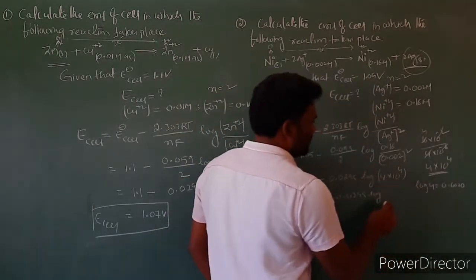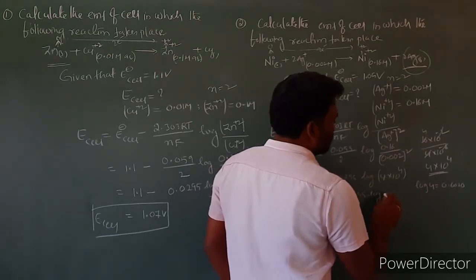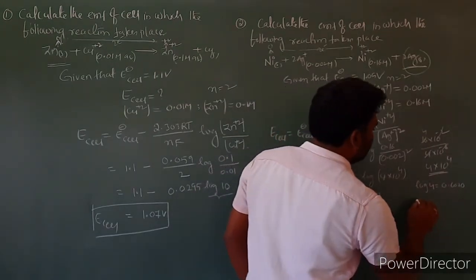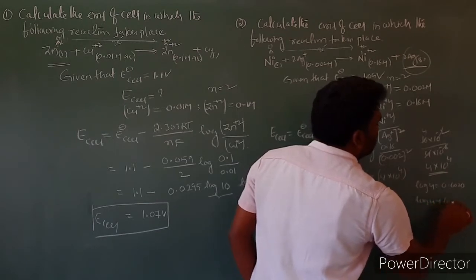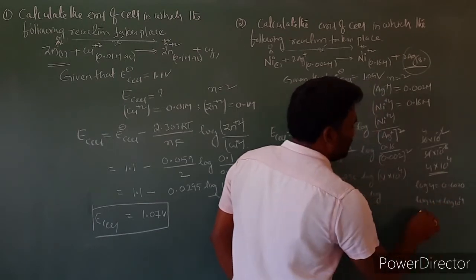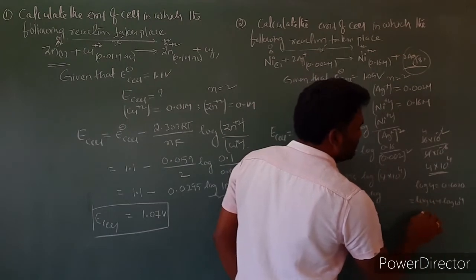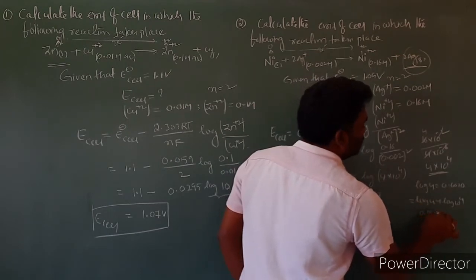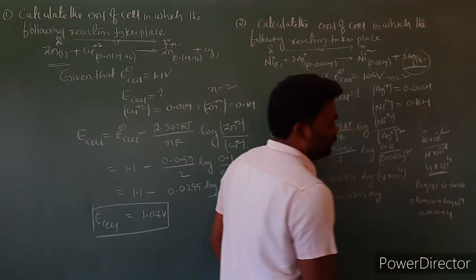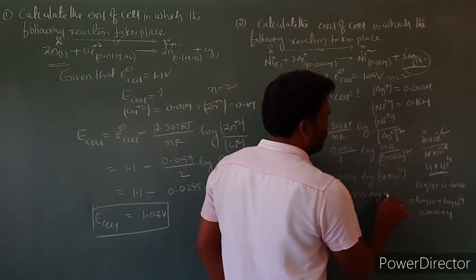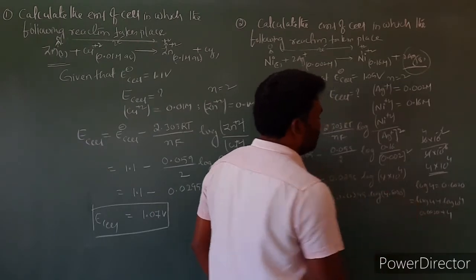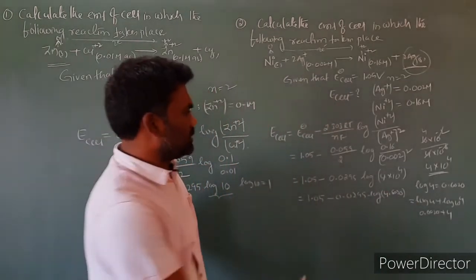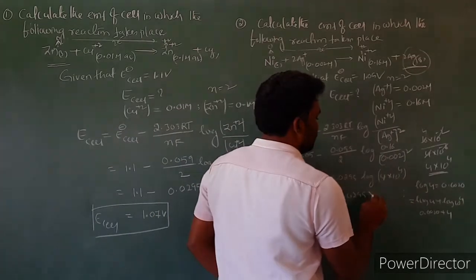So we get 0.6020 plus 4, which is 4.6020.